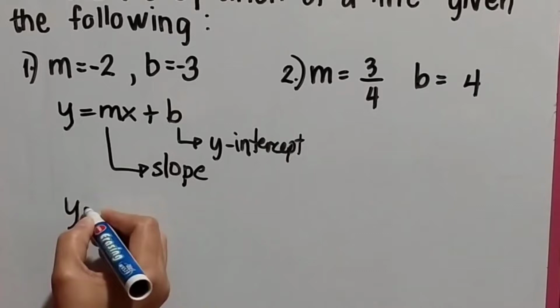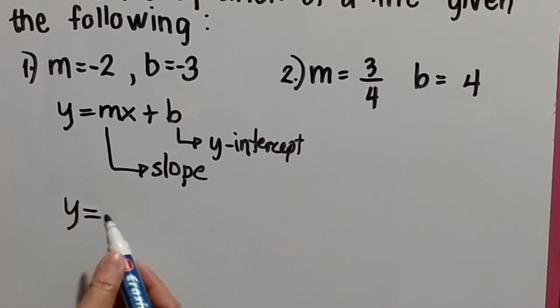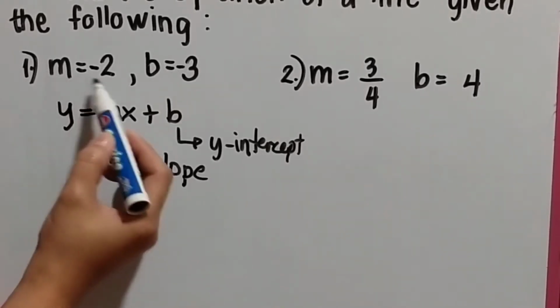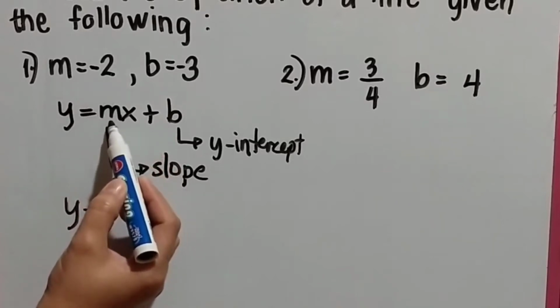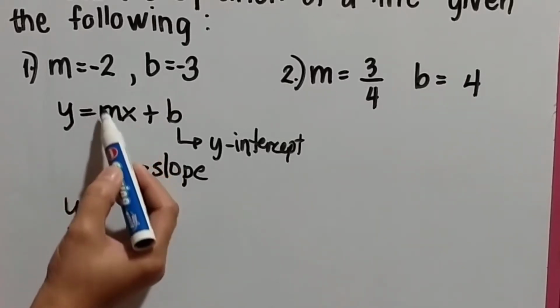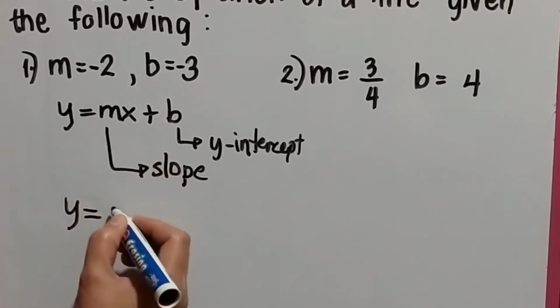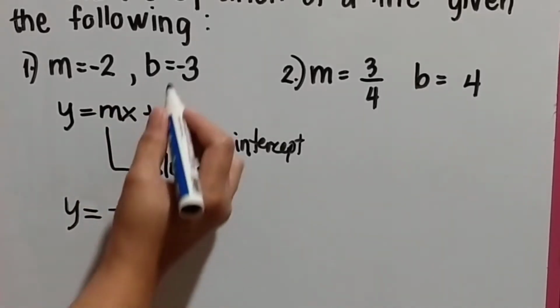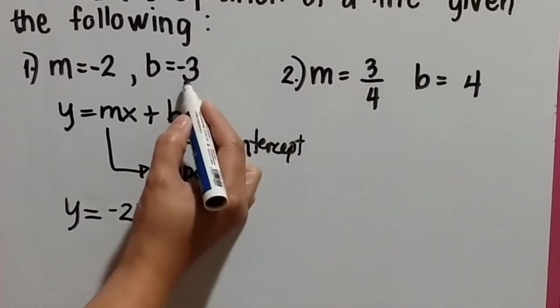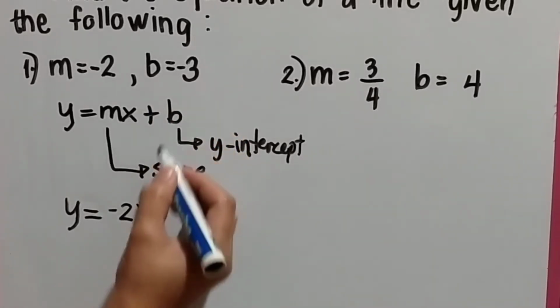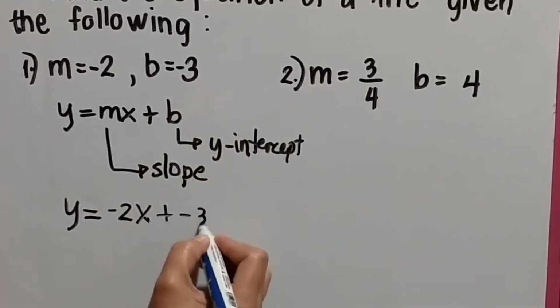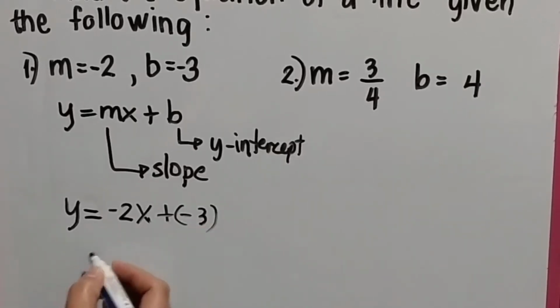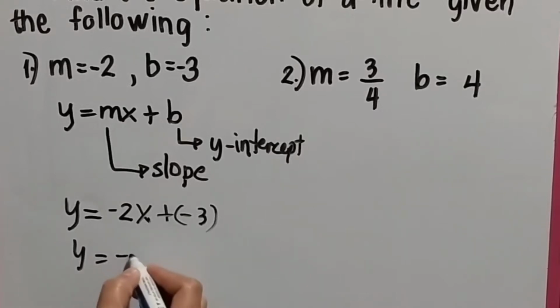So, let's do that. Y is equal to m, or slope is equal to negative 2. So, this m will be replaced by negative 2. Papalitan natin yung m ng negative 2 kasi yun yung value ng m. Then, we have x plus negative 3 because b is negative 3. Plus negative 3 will become minus 3.